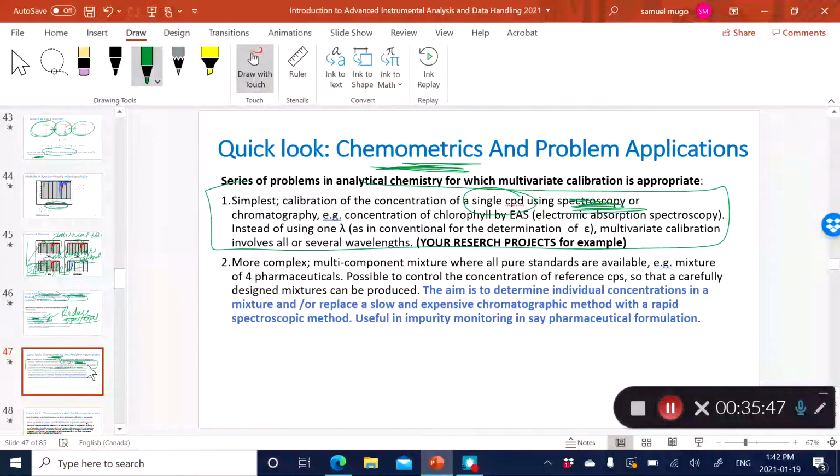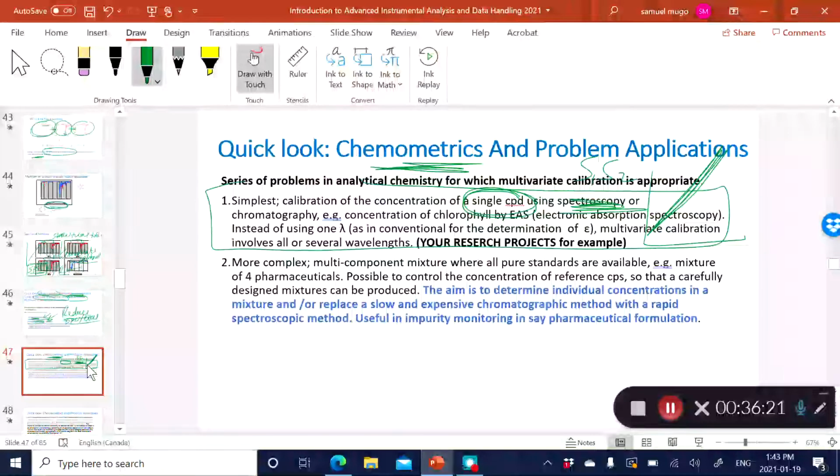So instead of just using one signal, you can use multiple signals so that you can build a robust linear regression model. But again, you can see it's fairly straightforward. In this case, I just have a single compound and it's giving me multiple signals. Very similar to the example that I gave you with the FTIR and caffeine, where you've got multiple signals. And so instead of just using one signal, you would use multiple signals to give you the linear regression model.